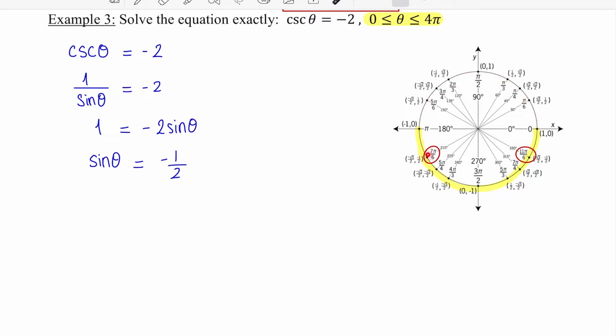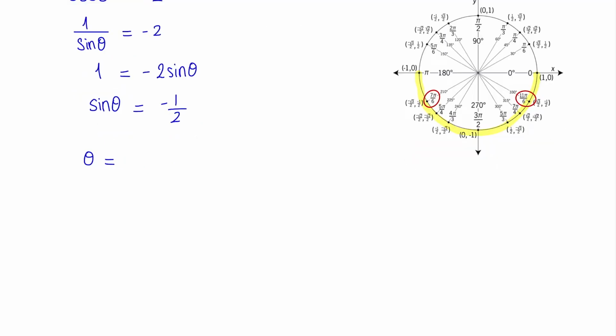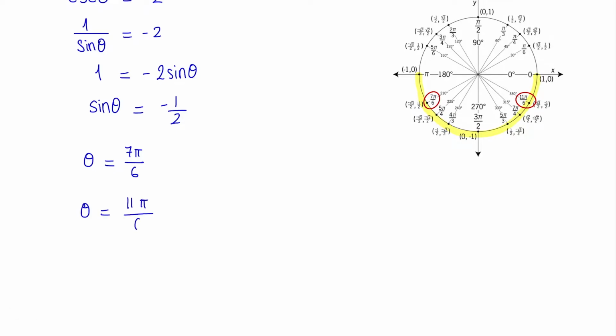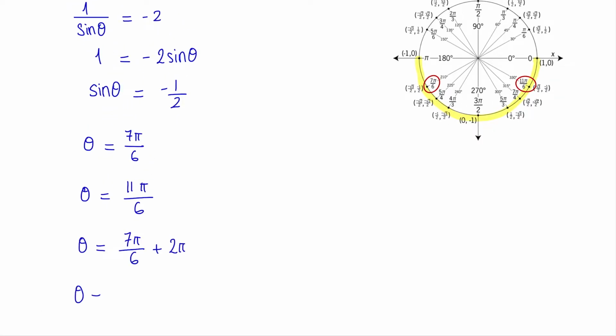So the first answer is 7 pi over 6, 11 pi over 6, 7 pi over 6 plus 2 pi, 11 pi over 6 plus 2 pi. Seven pi over 6 plus 2 pi is 19 pi over 6, and 11 pi over 6 plus 2 pi is 23 pi over 6.